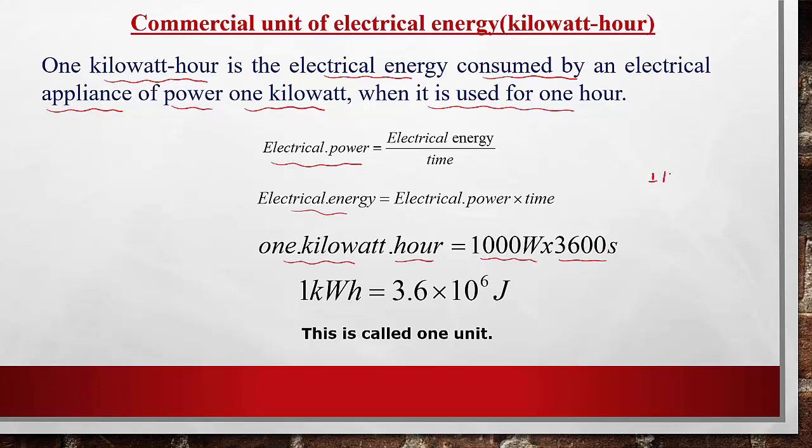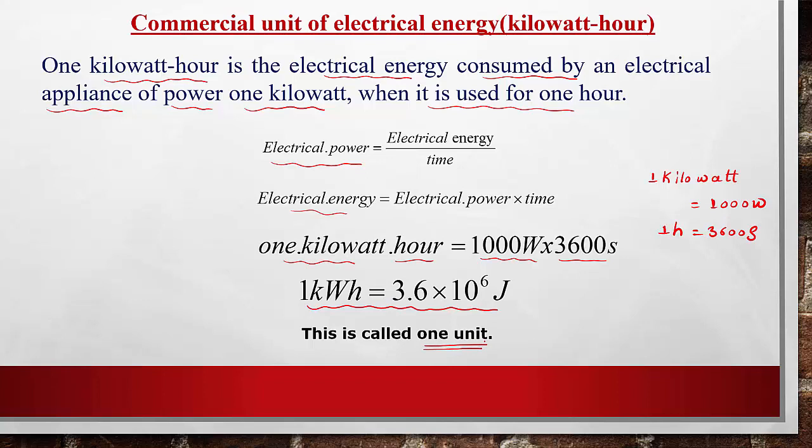Substituting here, we get 1 kilowatt hour equal to 3.6 into 10 raised to 6 joules. This is called 1 unit.